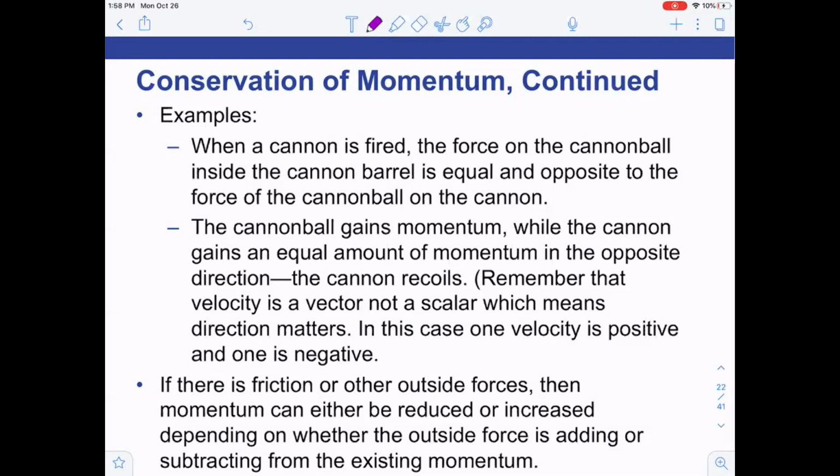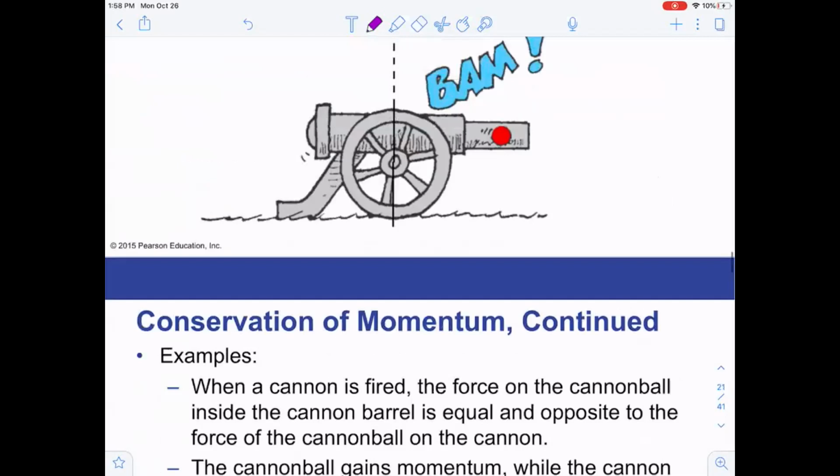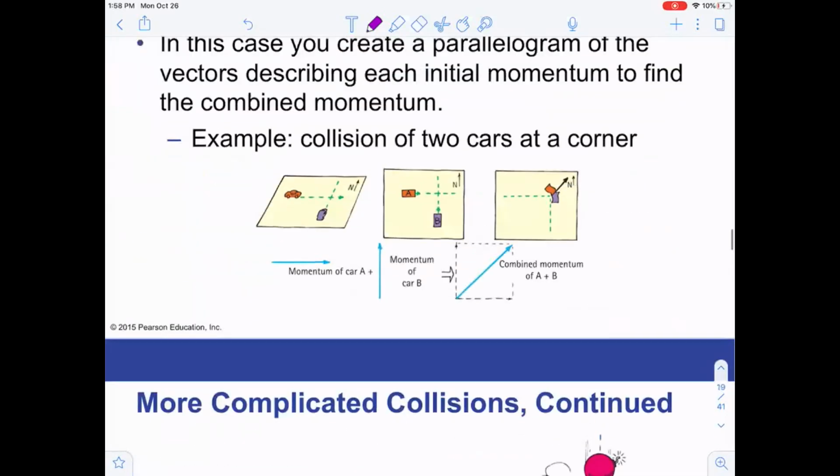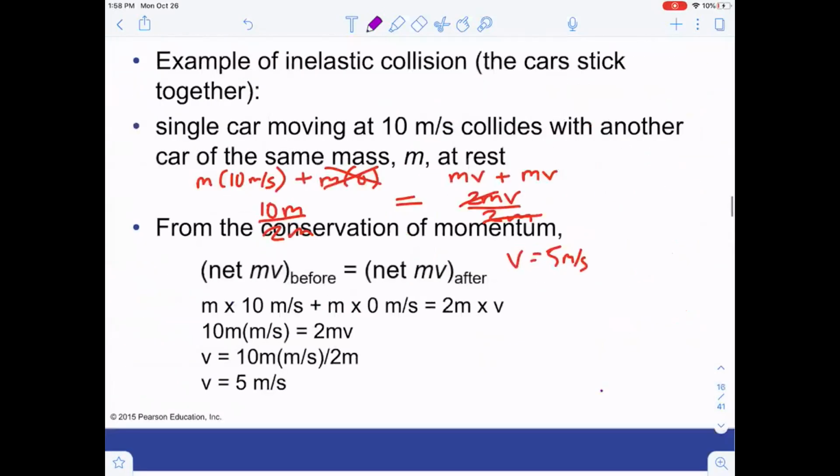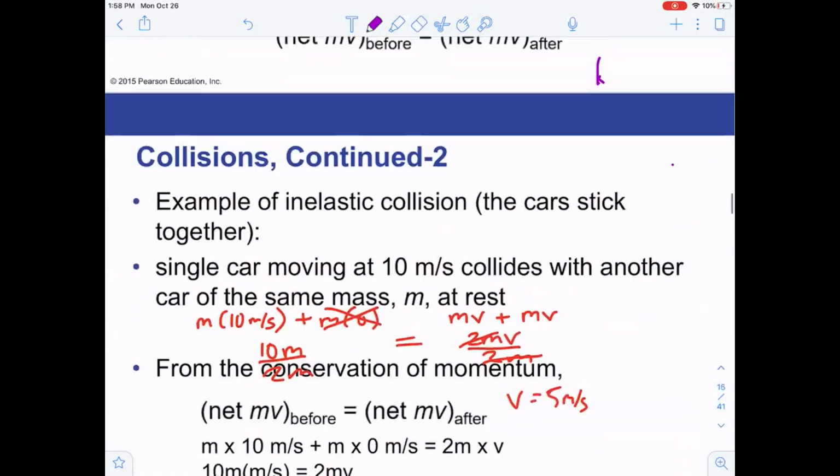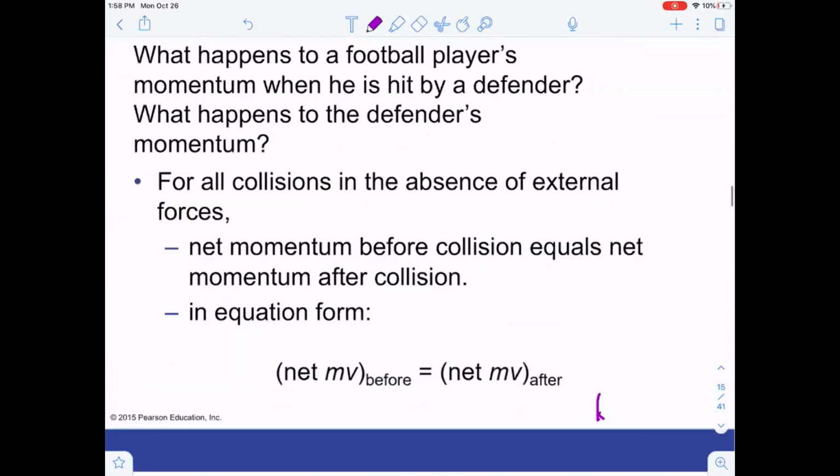Okay, if there is friction or other outside forces, then the momentum can either be reduced or increased depending on whether that external force is slowing it down or speeding it up, right? If we look at that in equation format, here's our equation. The net momentum before a collision equals the net momentum after a collision.